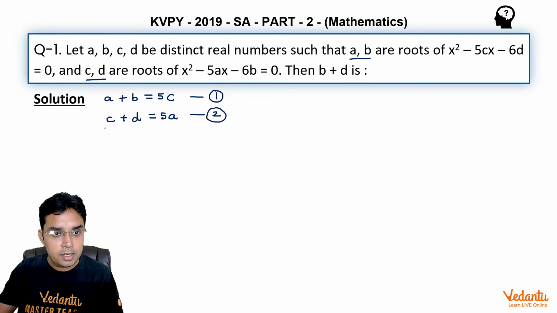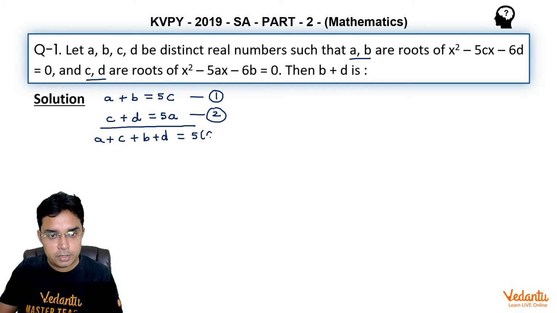If we add these two equations, we get A plus C plus B plus D is equal to 5 times A plus C. So this will give us B plus D, which is asked in the question, to be equal to 4 times A plus C. So this is my equation number 3.